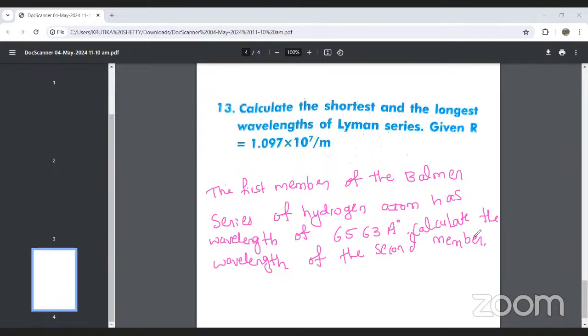Calculate the wavelength of the second member. Okay, let us see how to do this one.